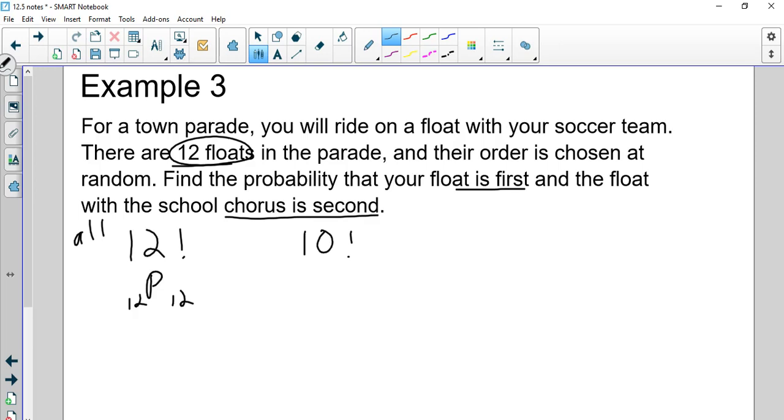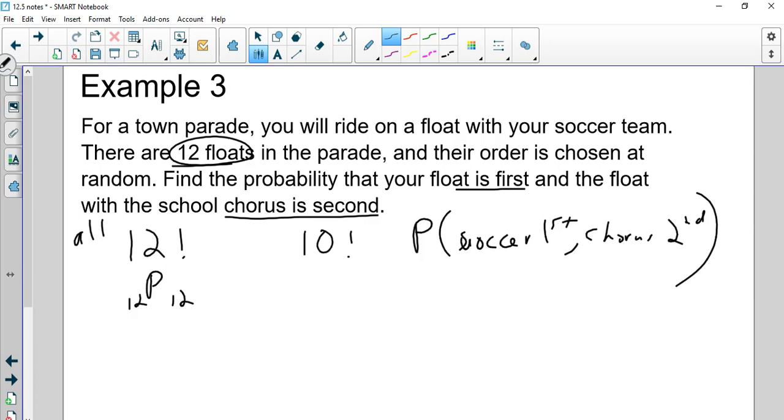So what we want to do is we want the probability of soccer first and chorus second. All right. Well, that means we're going to have a ratio of 10 factorial over 12 factorial.